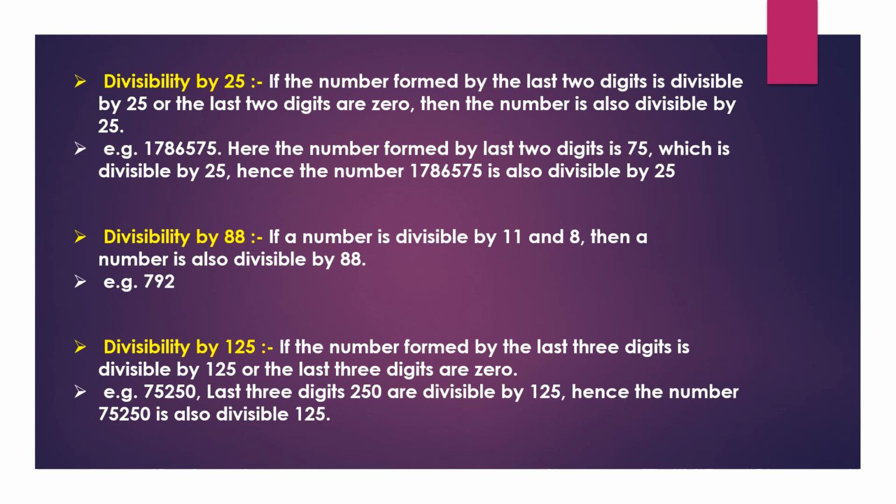If the number formed by the last three digits is divisible by 125 or the last three digits are 0. For example, 75,250. Here the last three digits, that is 250, are divisible by 125. Hence, the given number, 75,250, is also divisible by 125.